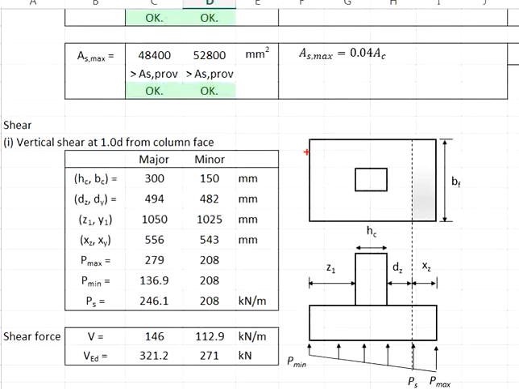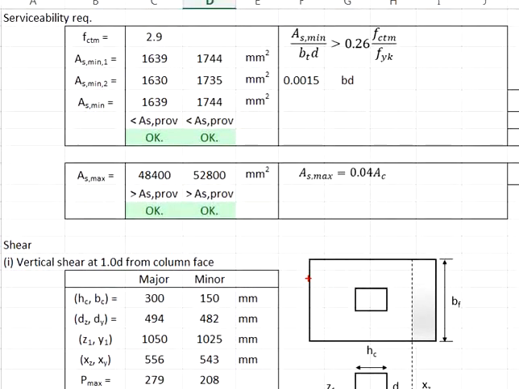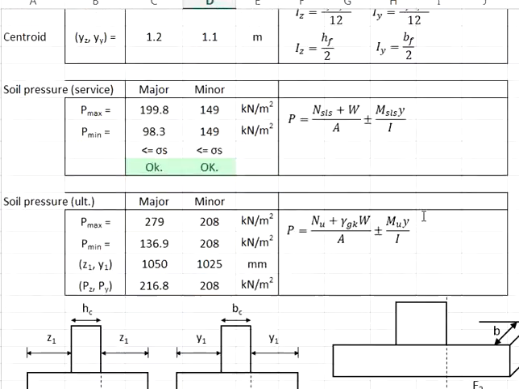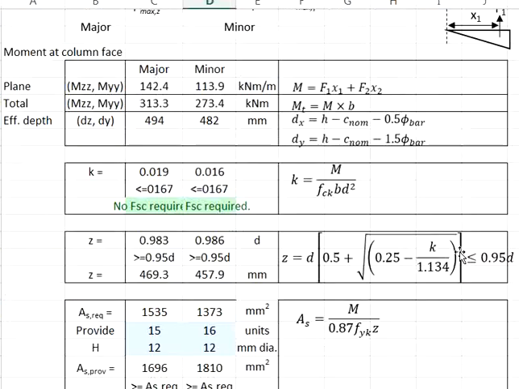You will do the same to determine the rho 1 in the minor axis. Now we are referring to this plane, and the As will be based on this reinforcement, which is the reinforcement provided in the minor axis, 1810 mm square. Since we are talking about this shear plane, we are talking about this width, which is 2.4 meters, and the effective depth in the minor axis, which is 482 mm.